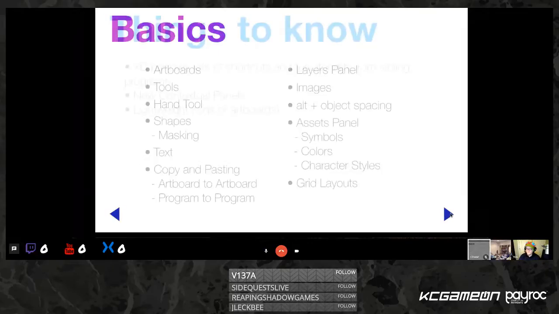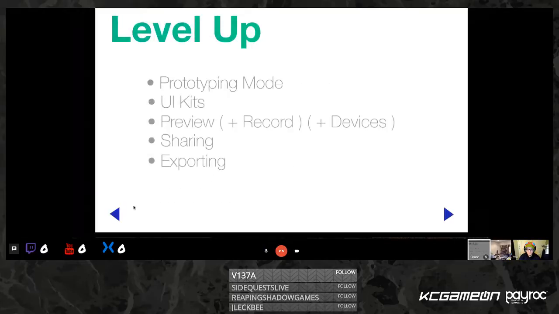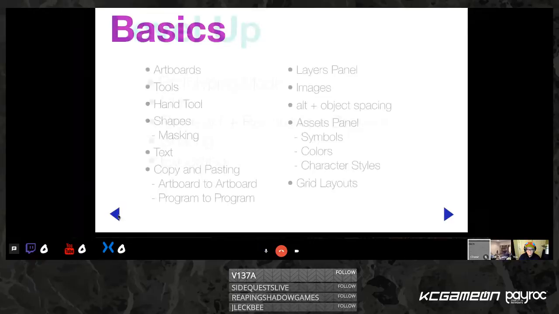So moving along, so the basics. These are the things we're going to talk about, and then we've got another tier. This is the level up tier. This is, I think, what makes XD special is these features. But anyway, for the basics, we have artboards, tools, hand tools, shapes, masking, text, copy and paste, both from artboard to artboard and program to program.